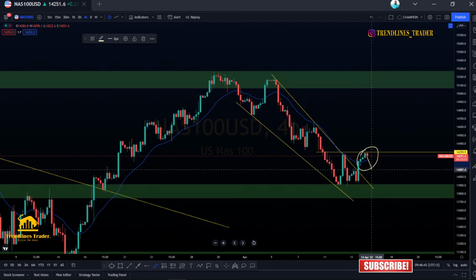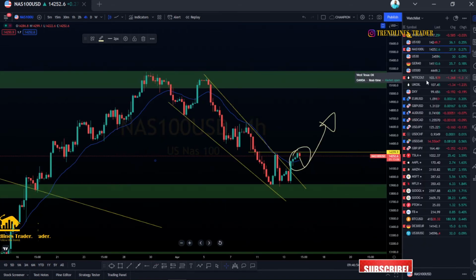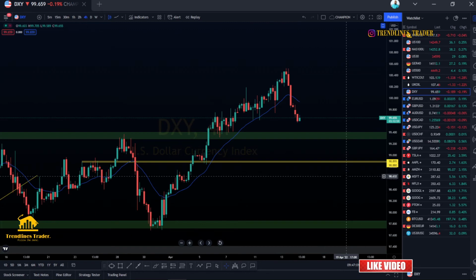So let's go back to the news explanation that I was trying to bring to you guys. The DXY is a dollar currency index, remember that.